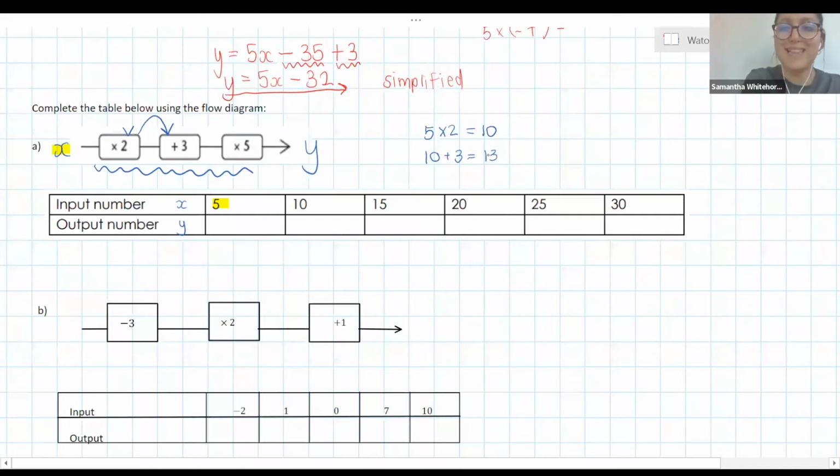Then taking that answer, I need to multiply 13 times 5. If you are very good at your 13 times tables, hopefully that's not too bad, but otherwise grab your calculator. 13 times 5 is 65. This final answer is my output value that I can go and write down for my specific input.